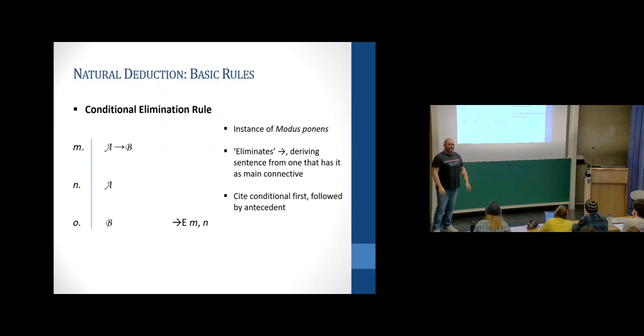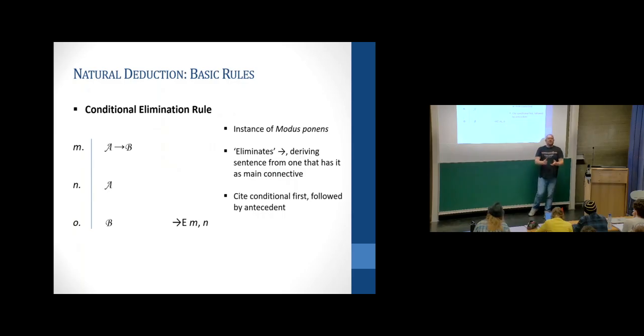Note, we cannot go the other way around. A conditional being true and the consequent being true does not guarantee the antecedent's truth. So if you've got a conditional and the first part, you get the second, but not vice versa.